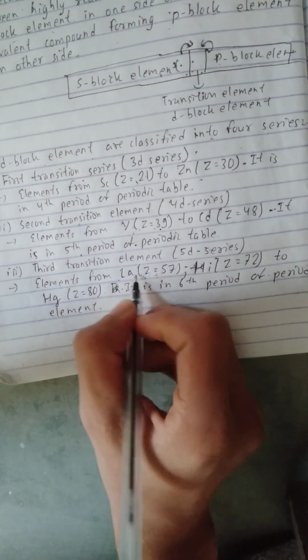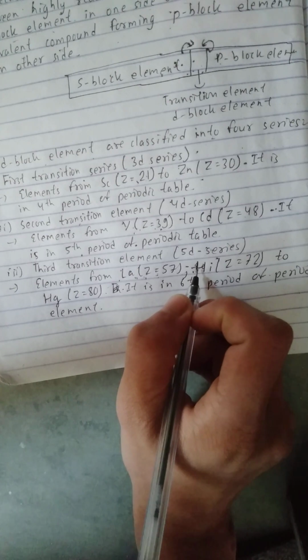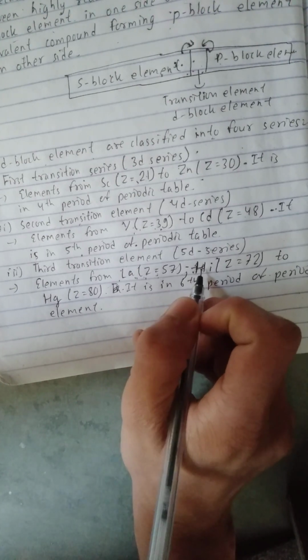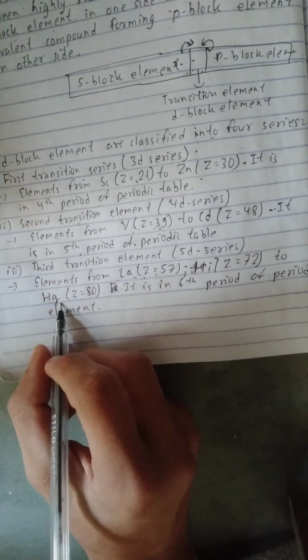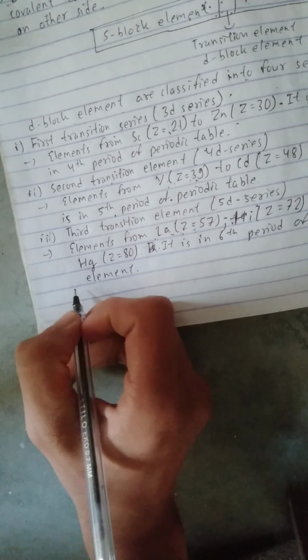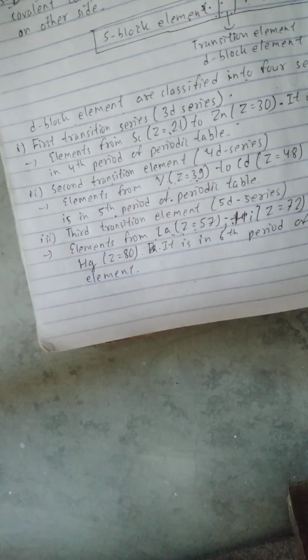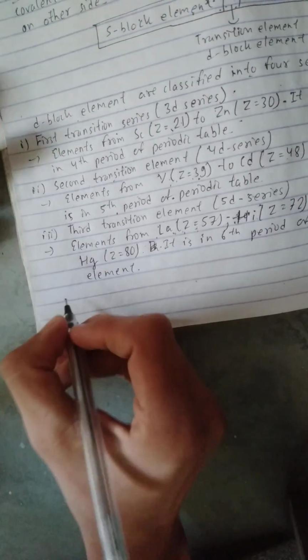We know that La is lanthanum. Then what is Hf? Hf is hafnium, and you usually know about this. Hg is mercury. We have now known about the third transition elements, and we are going to know about the fourth transition element also.